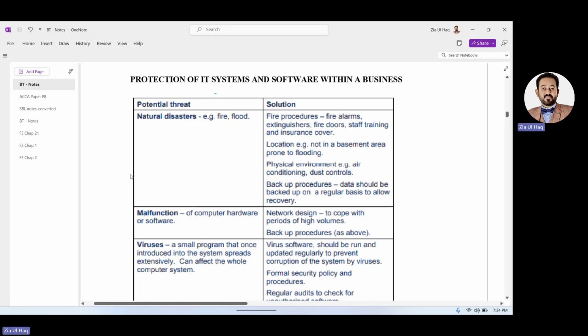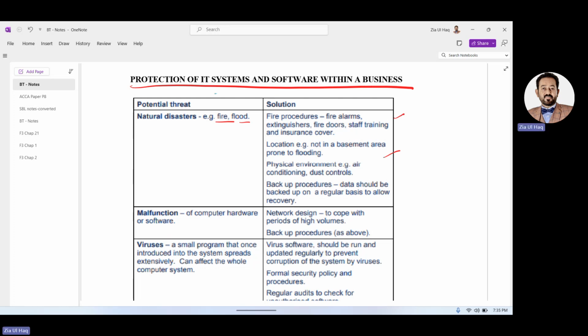Protection of IT systems and software within a business. This is nothing new. We have already learned. From natural disasters like fire or flood, suppose your system is destroyed through fire or flood and all the data is destroyed, what you need to do is take backups of your data on a daily basis especially.